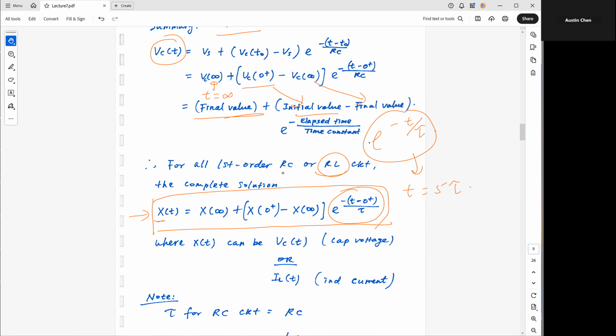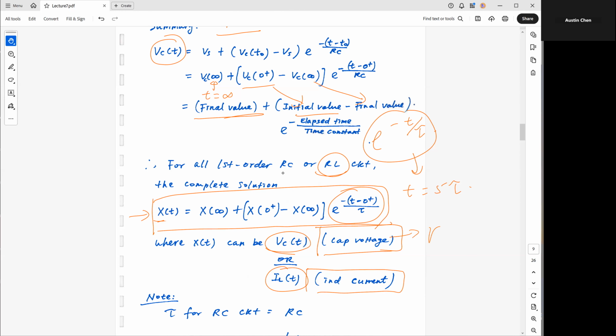Since this is universal, depending on whether you're dealing with RC or RL circuits, if you're dealing with RC circuits, you replace this x by VC of t. If you're dealing with RL circuits, as you will see later, you replace x of t by IL of t. For RC circuits, we are interested in the capacitor voltage; in RL circuits, we are interested in the inductor current.